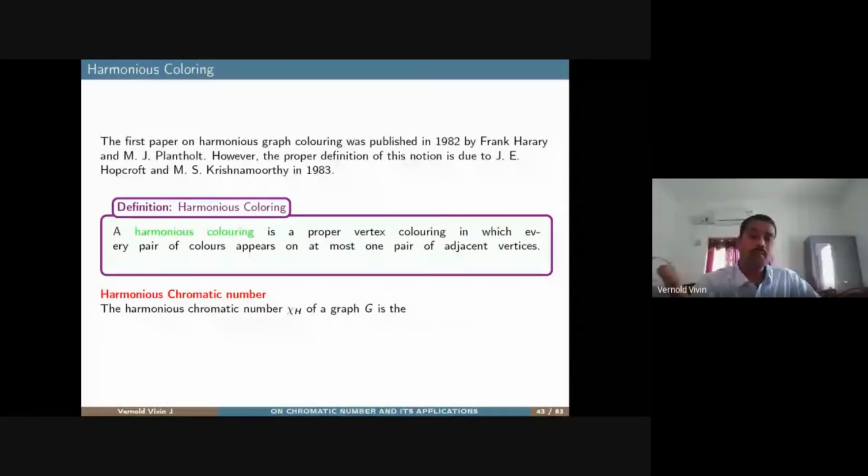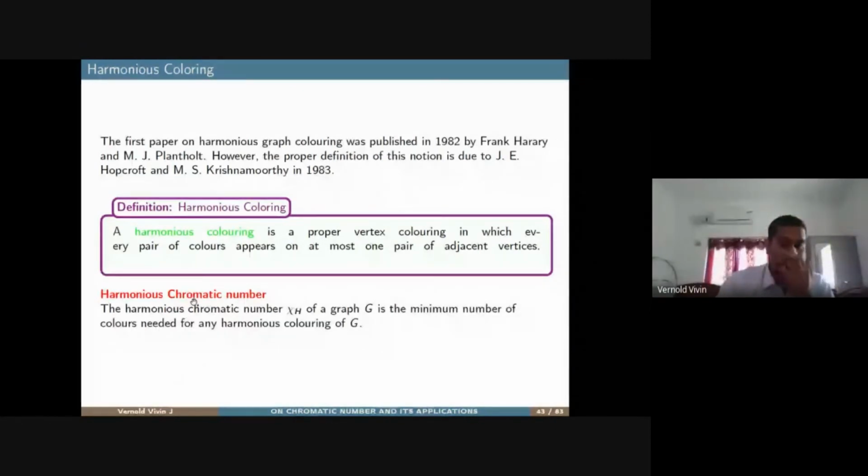If you give 1 and 3, this pair 1, 3 should not be repeated. Whereas in ordinary coloring, this 1, 3 pair can be repeated. But in harmonious coloring, a pair should not be repeated more than once. The harmonious chromatic number, as I have said, is the minimum number of colors needed for any harmonious coloring of G. So this is the formal definition.